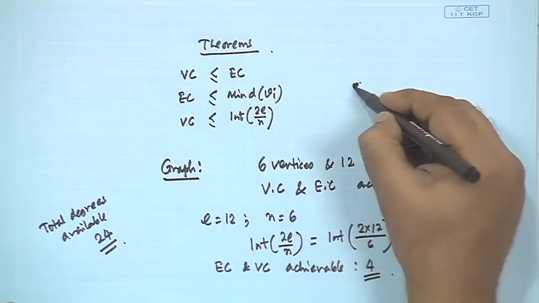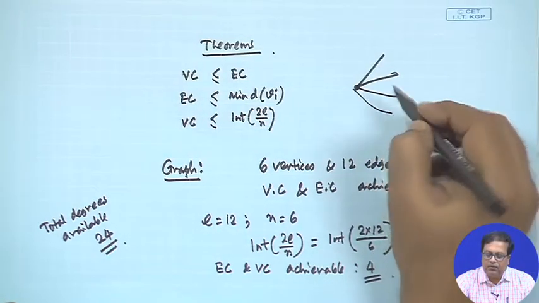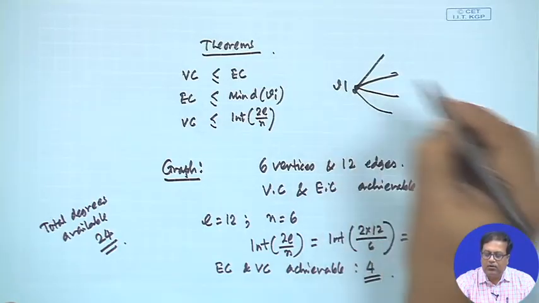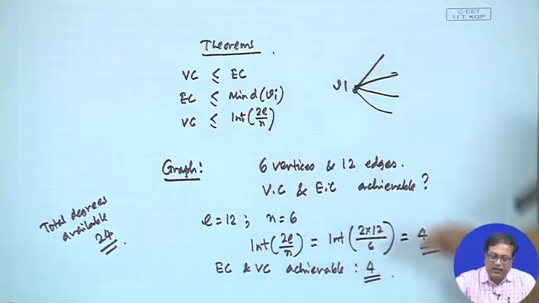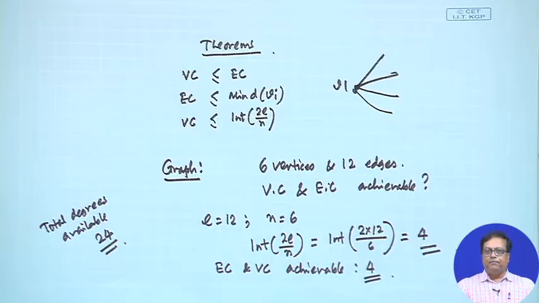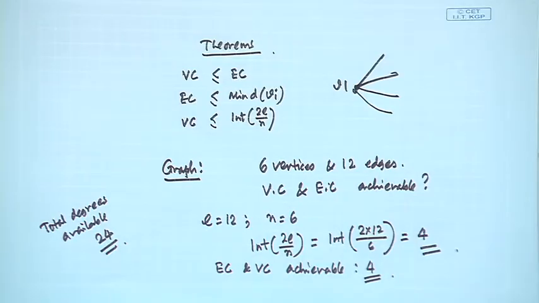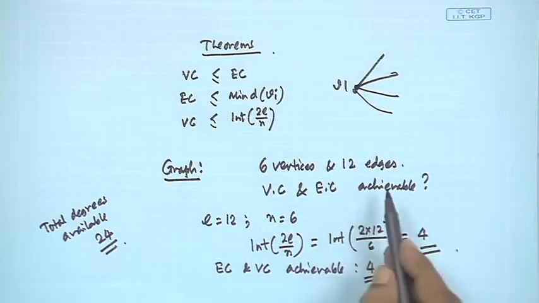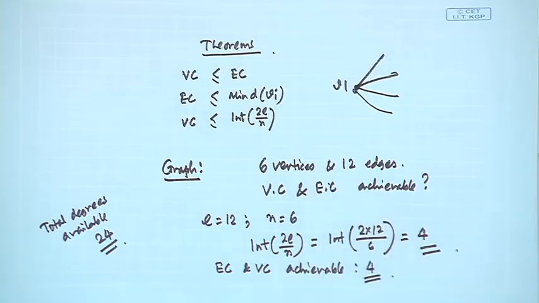So, if this is a vertex V1, we should ensure that 4 edges go out of it, and like this we complete the design. Alright, and it therefore helps to design a network by creating the highest possible EC and VC if there are 6 vertices, let us say 6 cities to be connected by 12 roads. How do I make maximum connectivity? So, that is the kind of question we have addressed here, right.